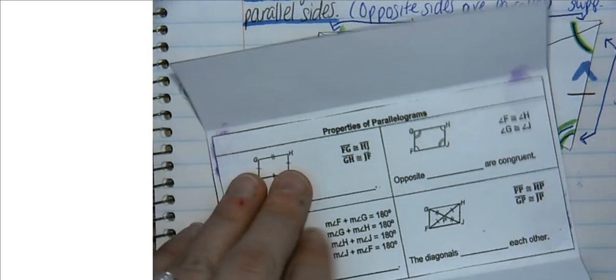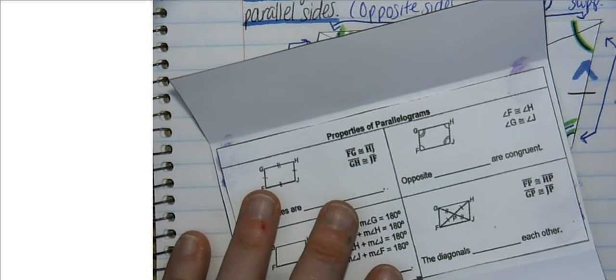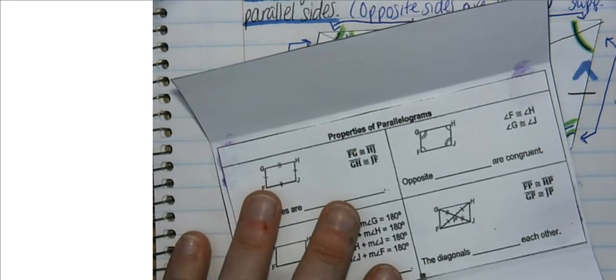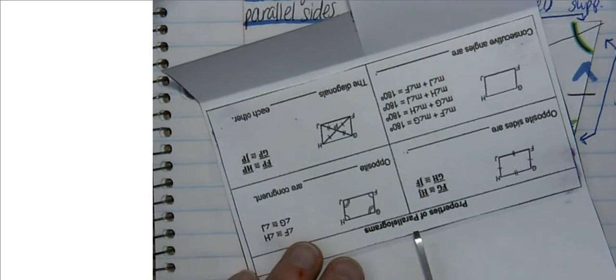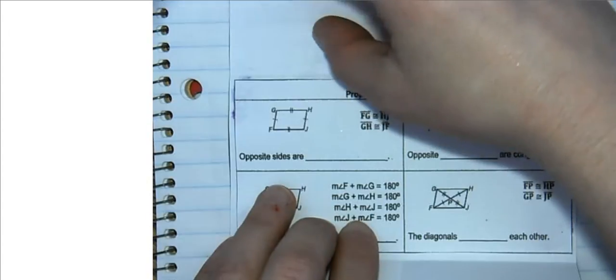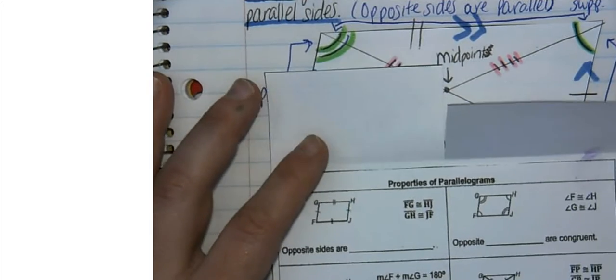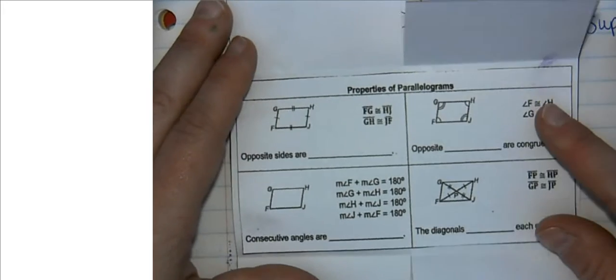We're going to cut just to the line, a quick snip going right up to the line, and a quick snip on the other side doing the exact same thing. That's going to create these tabs that will fold up and unveil what each of the properties are. So this is just a recap of the properties of parallelograms.